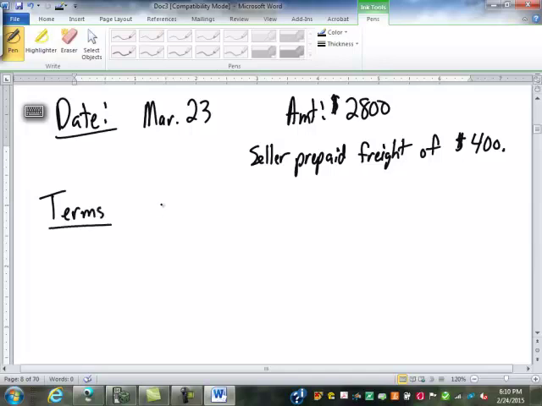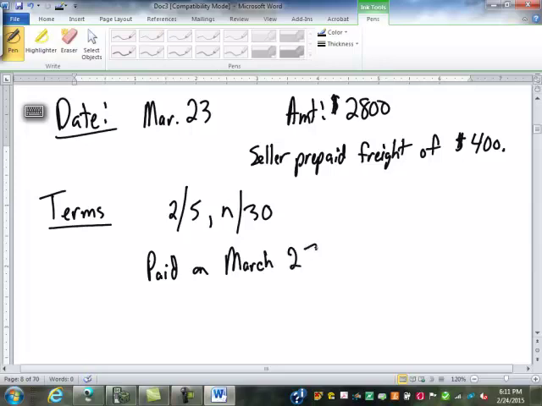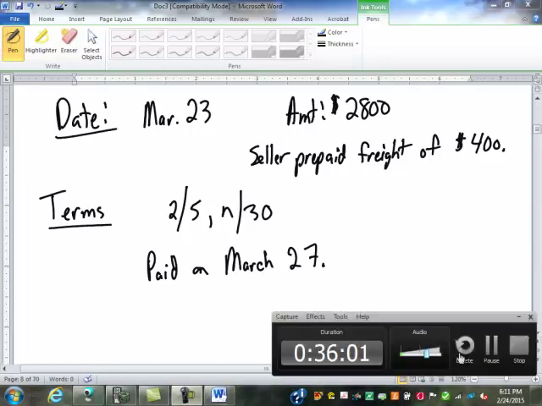Terms 2/10 net 30. Paid on March 27th. Find the amount. I'll pause it and let you guys find this.